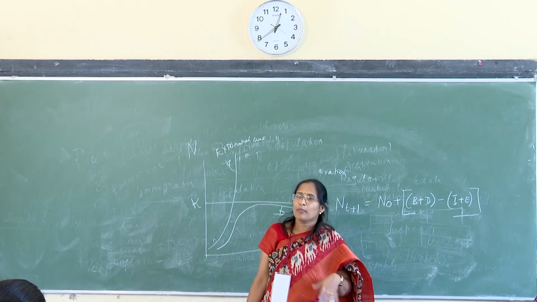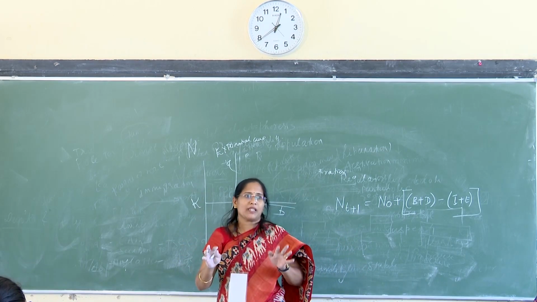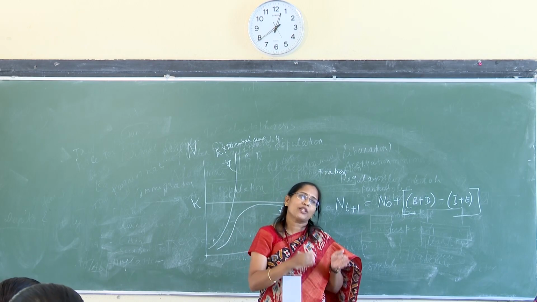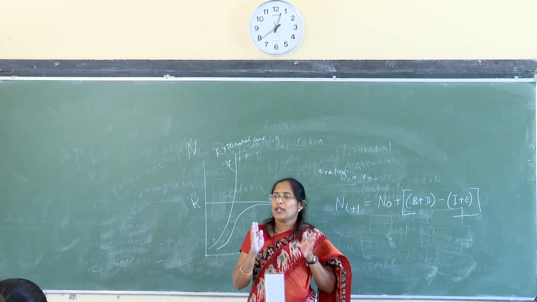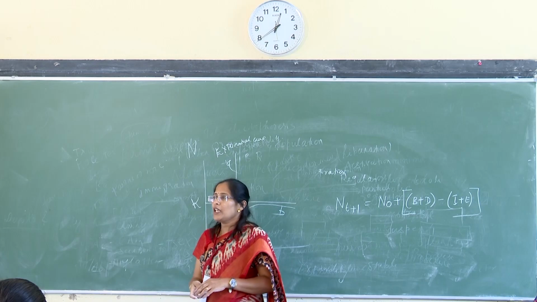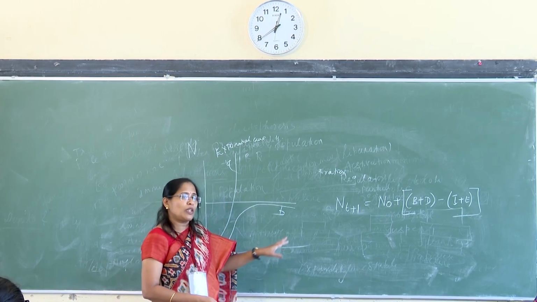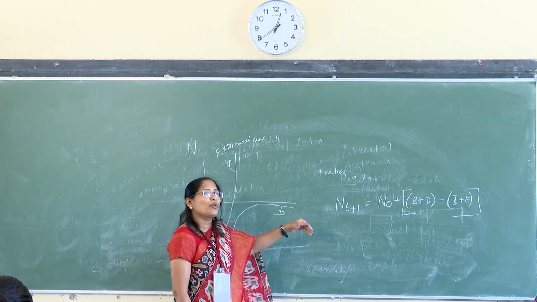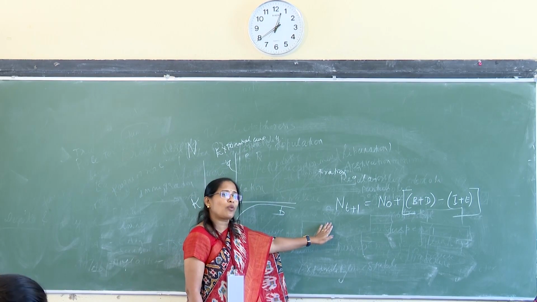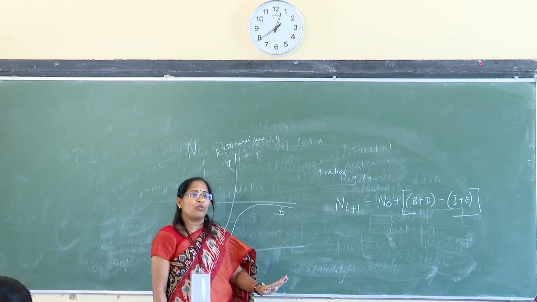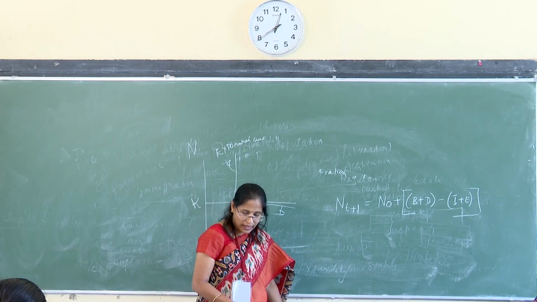Population density is the number of individuals present, which is nothing but your population size. Both are the same. This is how you calculate them. You may get a sum based on this formula, where they give the values and you need to calculate them.